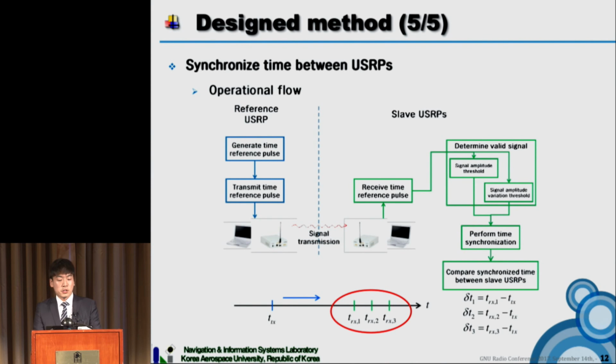This is the overall operational flow of our designed synchronization method. Generate and transmit a time reference pulse at the reference USRP, and the slave USRPs receive the time reference pulse and determine a valid signal by utilizing the dual threshold method.